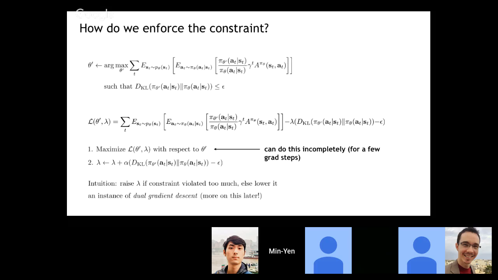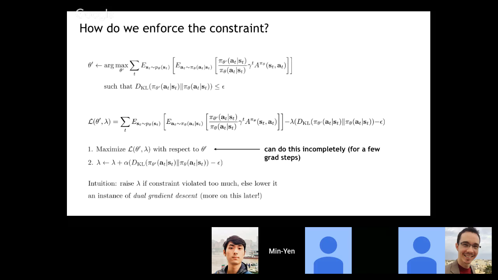Yeah. So we have an optimization problem. We want to maximize this objective, but we also have a constraint. So we do dual gradient descent, where in the first step we try to maximize this expression, which also has the constraint, by changing our parameter.